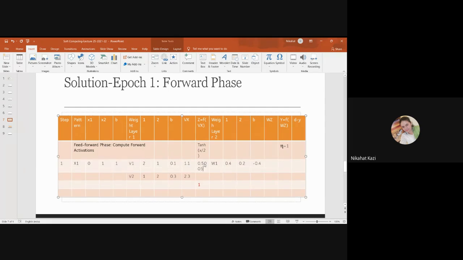Similarly for this one, 0.8177. Okay. So this is our Z vector now, the output of the hidden layer.